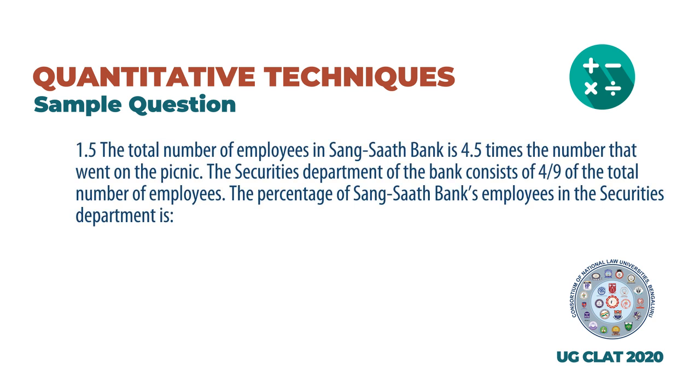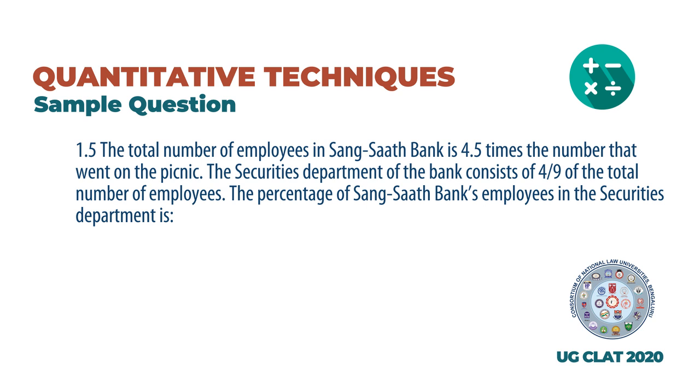The total number of employees in Sangsath Bank is 4.5 times the number that went on the picnic. The securities department of the bank consists of 4/9 of the total number of employees.